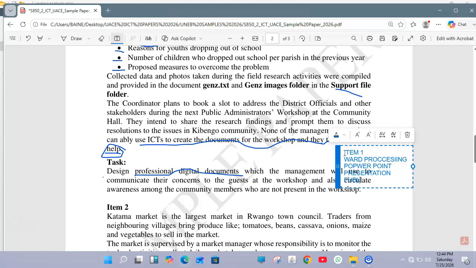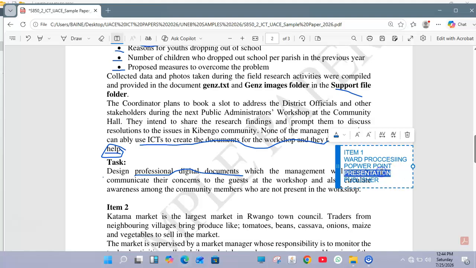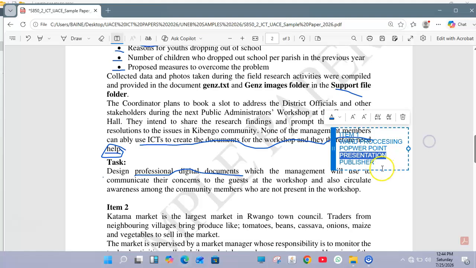You are supposed to use Microsoft Publisher to publish a document. All those are now your requirements, for you to make sure at least you can convey the message or their concerns.